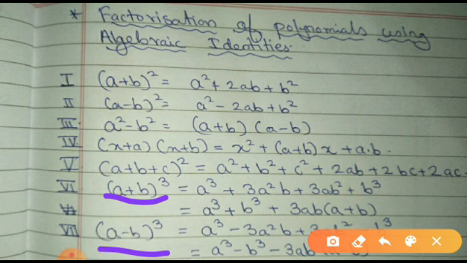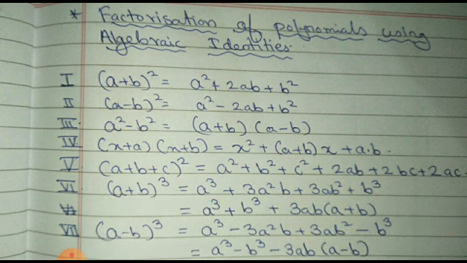You should be able to find out whether I have two cube terms, and whether the middle terms I can express like this, 3 into a square b and 3ab square. The sign you have to check, plus or minus. Accordingly, it will be a minus b the whole cube or a plus b the whole cube. Is this clear?